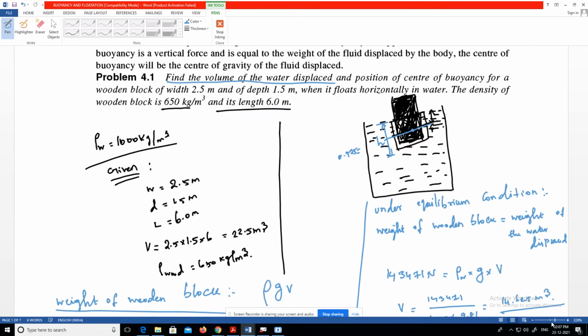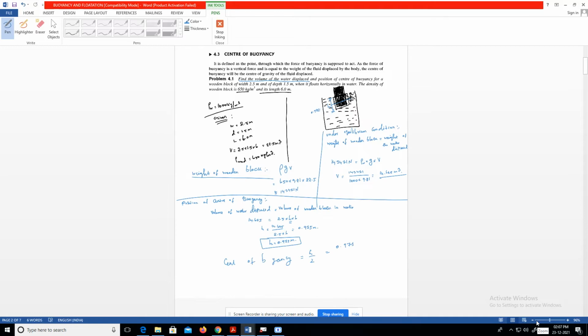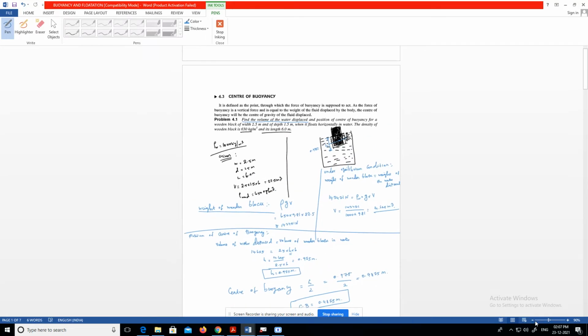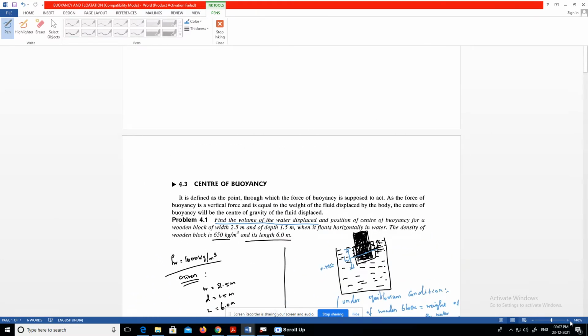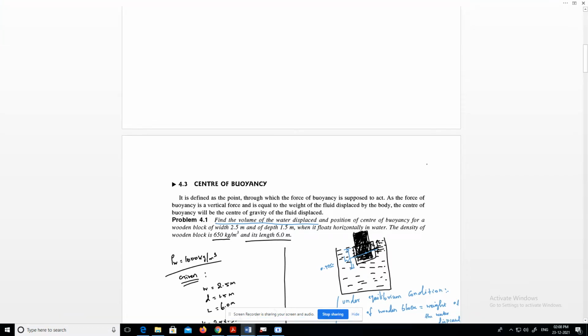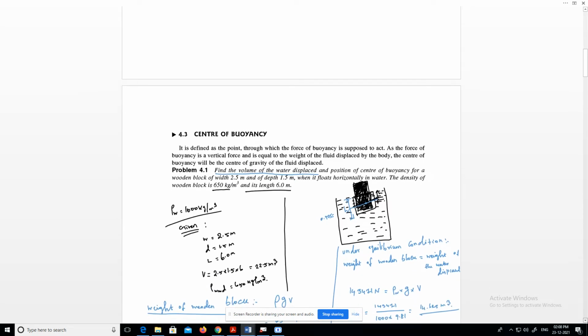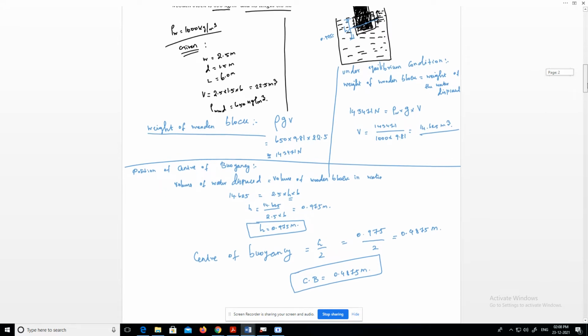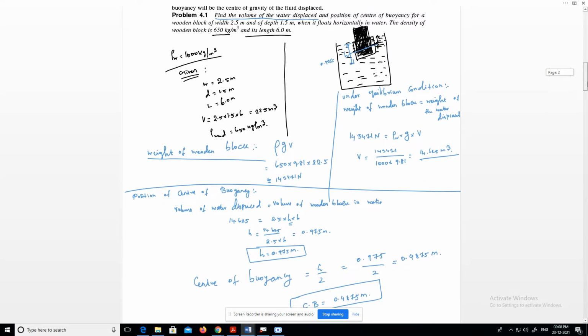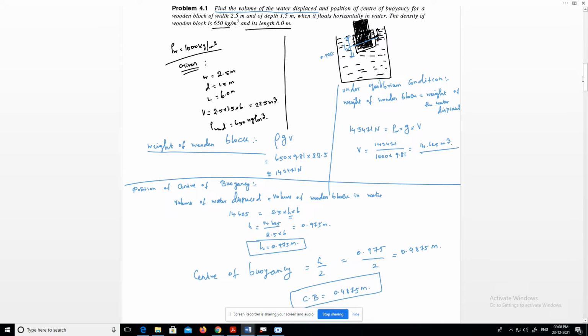Take a screenshot, and the whole problem and solution will be clear to you.